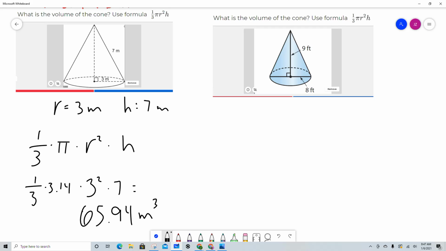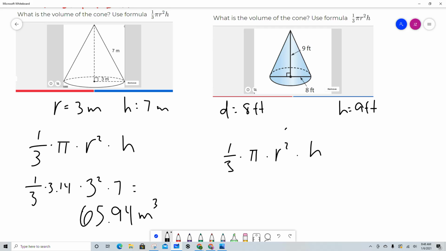All right, the last one that we have here, it's again going to be the same formula. However, this time they gave you the diameter. So I know that the diameter is 8 feet. I know that the height is 9 feet.